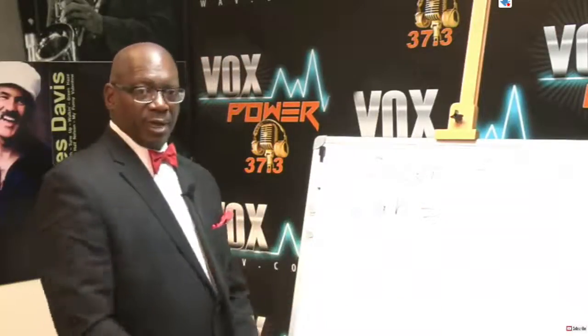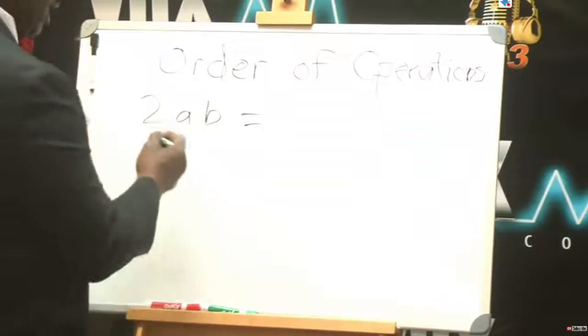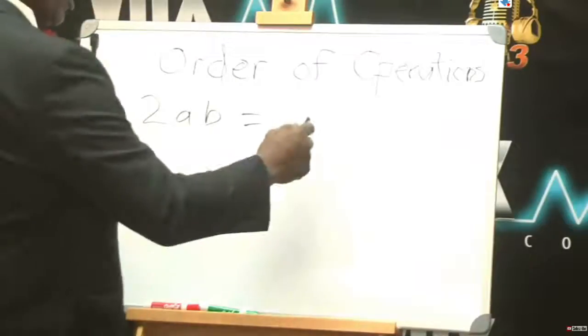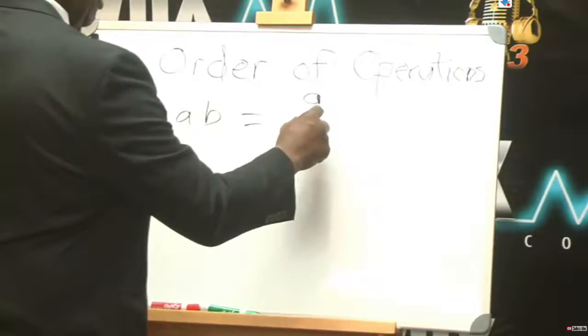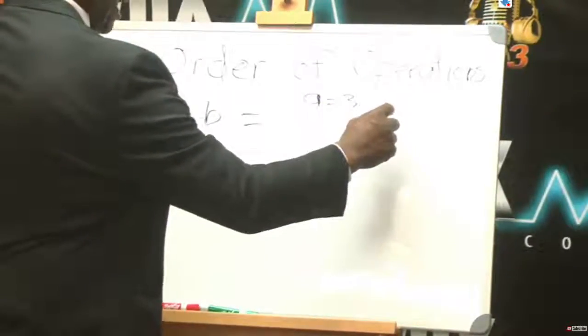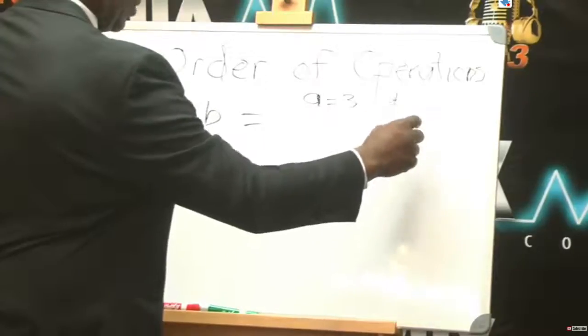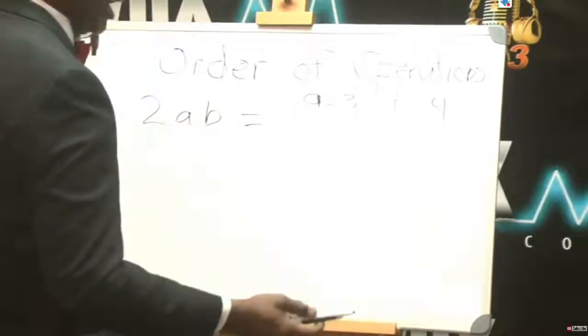You can't do that the way it is. And let's say that you are given a problem where you have 2ab, but also you'll be given a value of a, which may equal 3, and a value of b, which equals 4. And right now we're making this very simple.